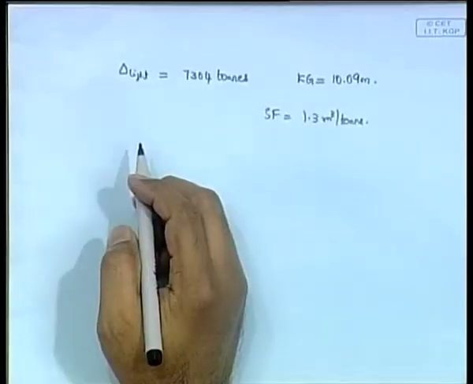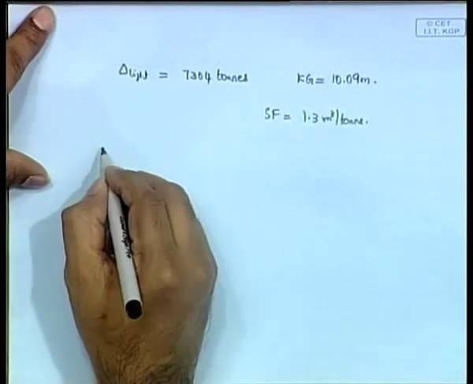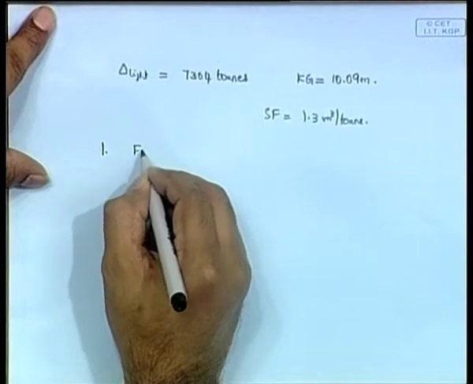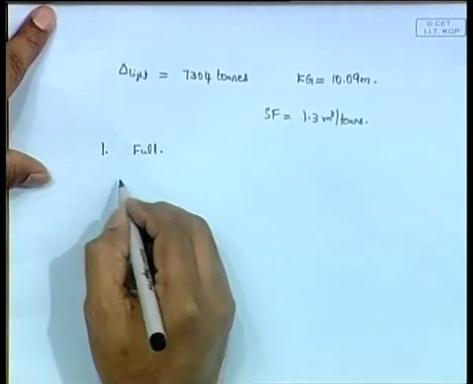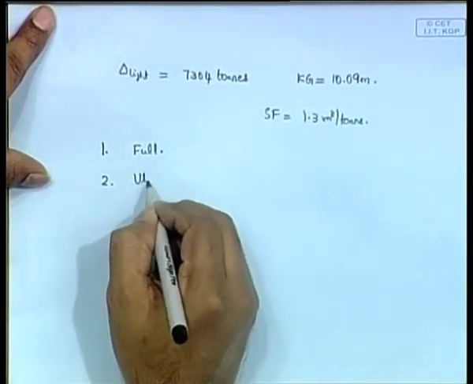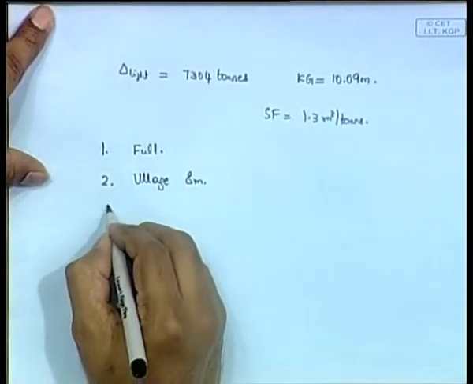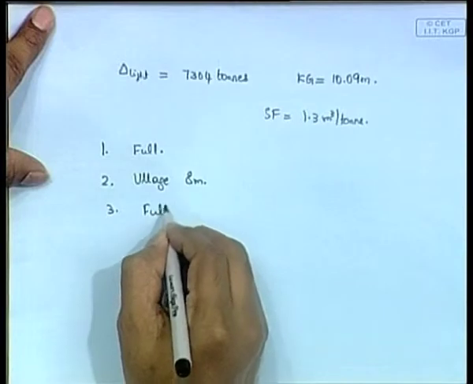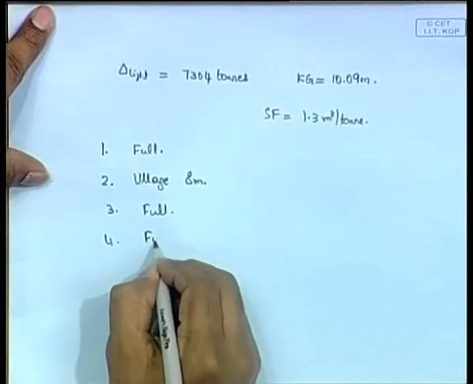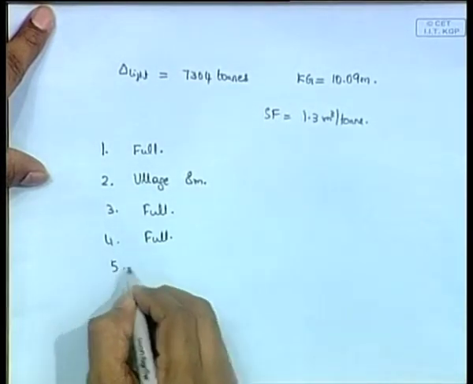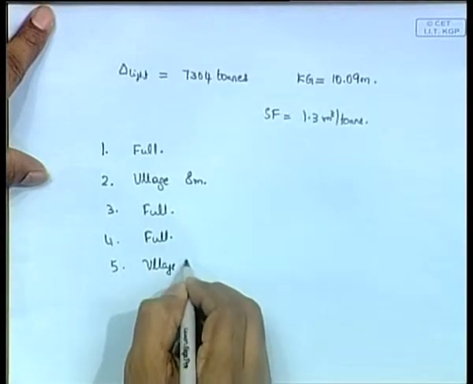Now, this is the way in which the different compartments are filled. First compartment is filled to full. Second compartment, the ullage is 8 meter. Third compartment is full. Fourth compartment is full. Fifth compartment, the ullage is 2 meter.